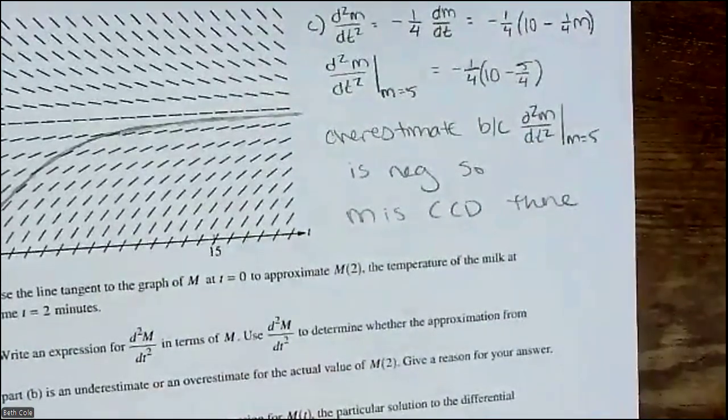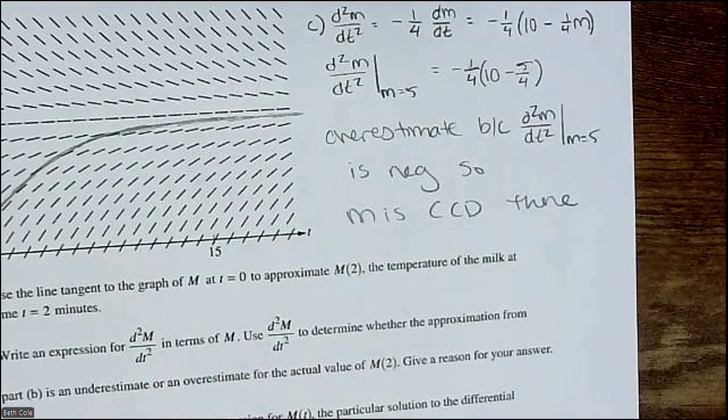When you're writing a justification, the because, usually you know what the answer is. When you say because, you're just explaining why you picked that answer. That's why I usually say you're right, and I'll say why you did it. Now there's some symbols in there with the such that bar and all of it looks sort of complicated, but we're just saying at that point where m, the milk, is 5, the second derivative is negative. So that means concave down, and that means overestimate. Go ahead.